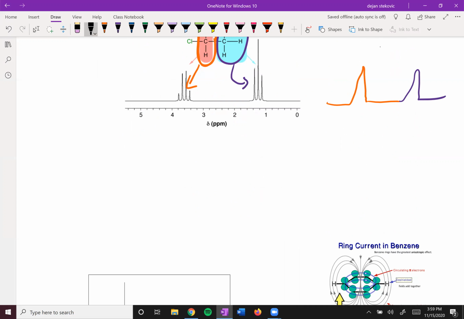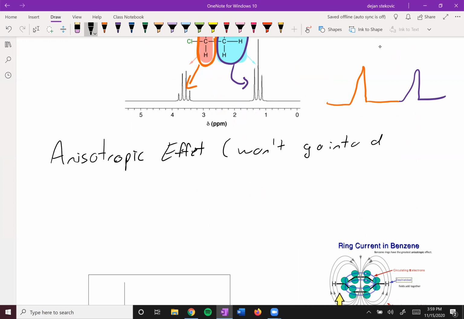Another common thing that's going to deshield is what's known as the anisotropic effect. We're not going to go into detail about the why behind this. All we need to know is that aromatic compounds and all pi bonds will experience this.